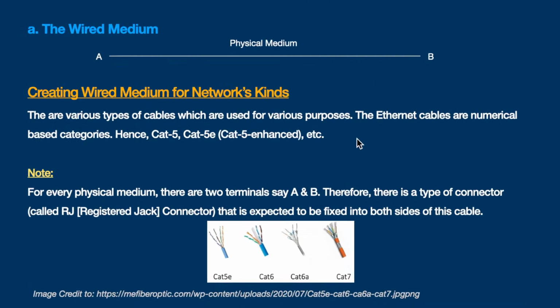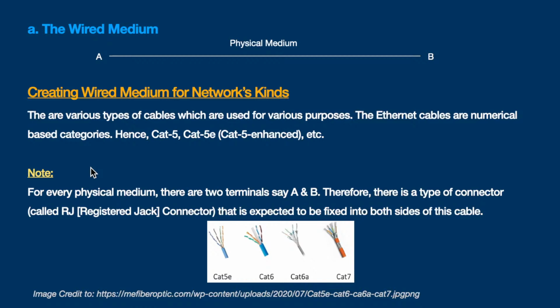Okay, good. So here we have the wired medium, for creating a wired medium for networks. There are various types of cable which are used for various purposes, and each of these cables has its own purpose.